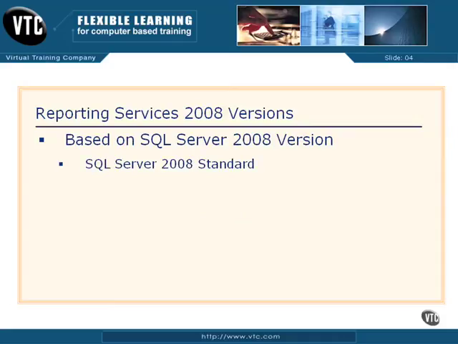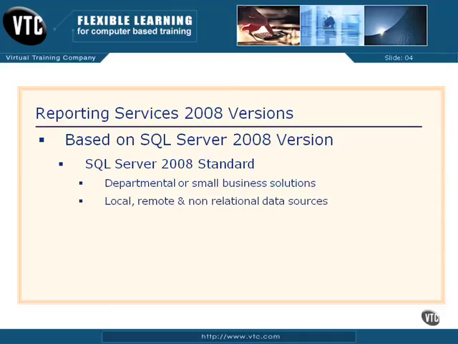Now we jump up into the real world business level models here, and with SQL Server 2008 Standard Edition, the reporting services functionalities that you get really start to get interesting, and this is designed for, say, departmental or small business solutions. You get access capabilities for local, remote, and non-relational data sources.